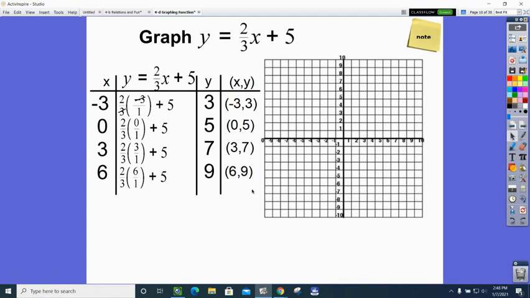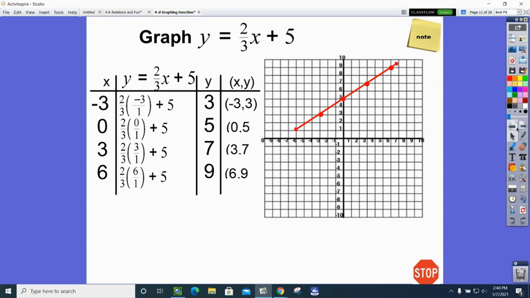So now we're going to plot these 4 points. And I know that you guys have confidence. Now, when I plot them, they better look like they're in a line. Otherwise, I've done some bad math or I didn't plot it right, right? They should be a linear function. And sure enough, (-3, 3), (0, 5), (3, 7), and (6, 9) form a line. I draw my line and I put my arrows in.